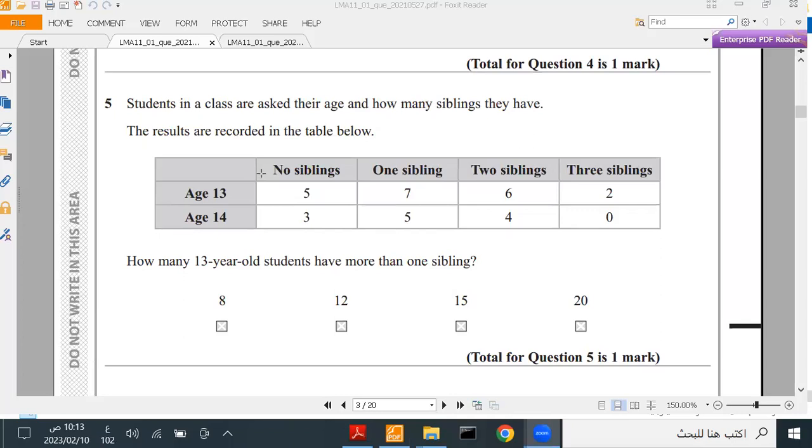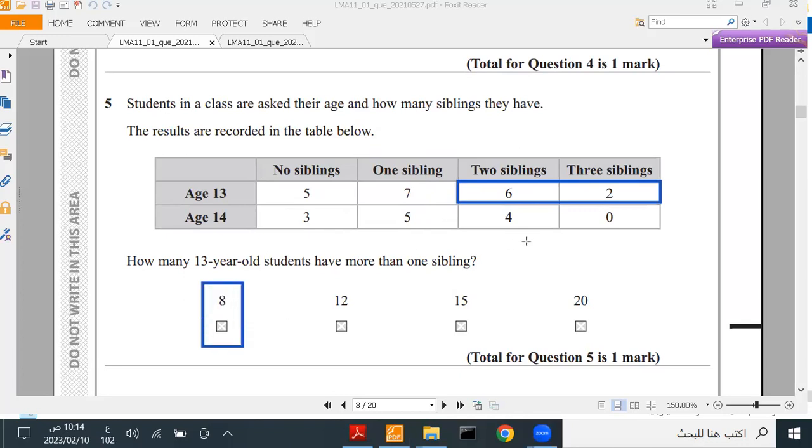Very good. We look at the 13 and the ones that have more than 1 sibling. So we don't count this. We count more than 1 sibling on the 13. So it's 6 plus 2 and the answer is 8.